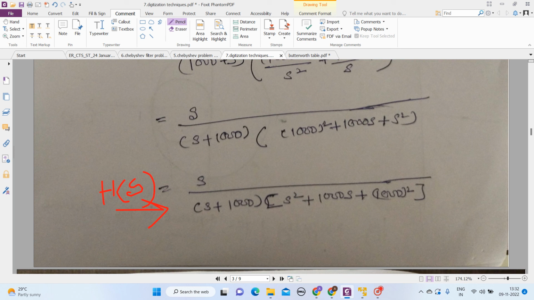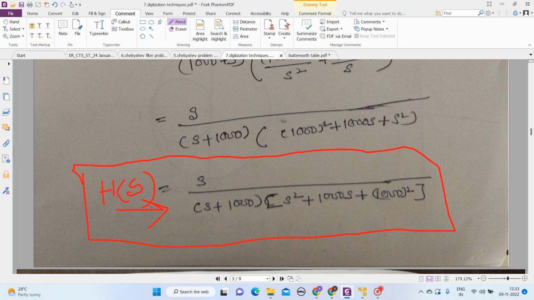Here we have defined the transfer function of the high pass filter from the low pass filter transfer function. See how easy it is. Only by using the low pass filter specification, first we found the analog transfer function of the low pass filter. Then we transformed that analog low pass filter transfer function to the analog high pass filter transfer function.